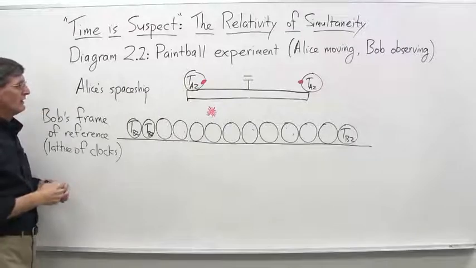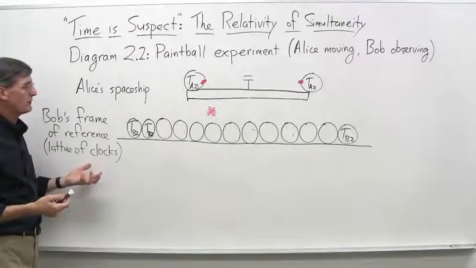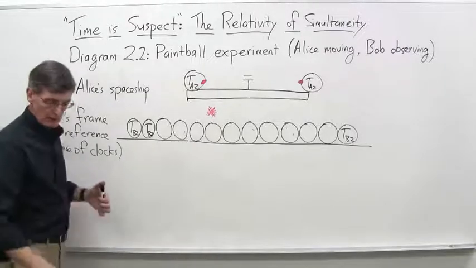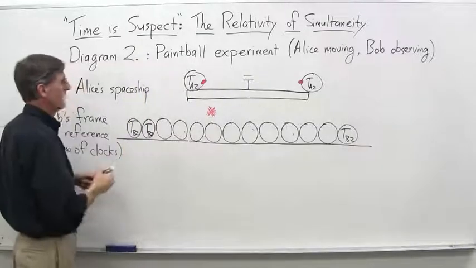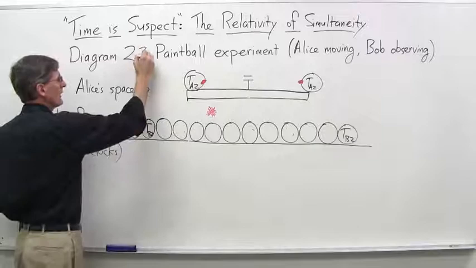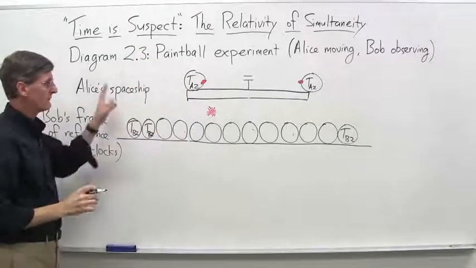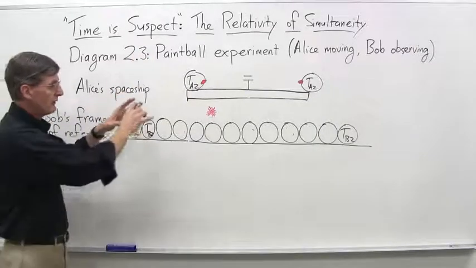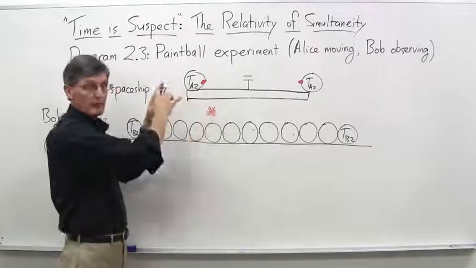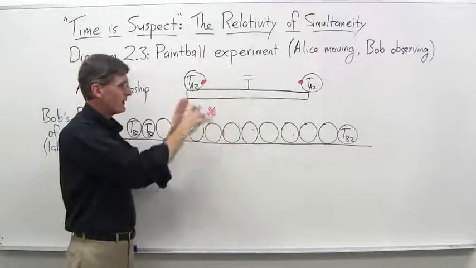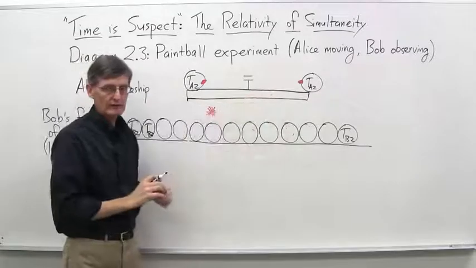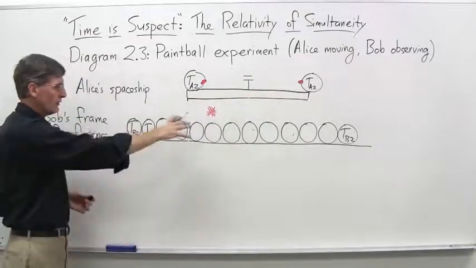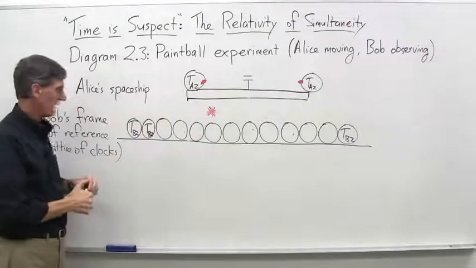Okay, so that's diagram 2, our paintball experiment, and really, just to be precise about this, the diagram we have on the board now is diagram 2.3. So we did the diagram first when they're right here, and the paintballs were shot off. And then halfway through, when the paintballs were in transit, and then diagram 2.3 is when they actually hit. And you see something very similar to this on your handout.